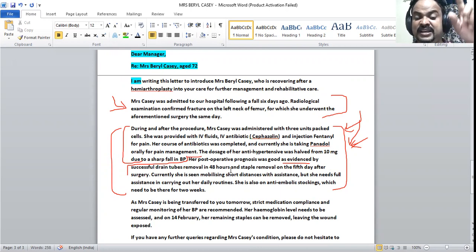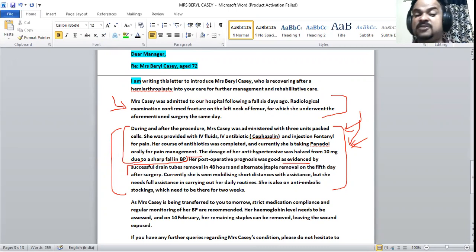So you can say in 2 days. The second day you can see the drain tubes are removed there. And staple removal. I have to make a correction. Alternate staples, the staples, all the staples were not removed.